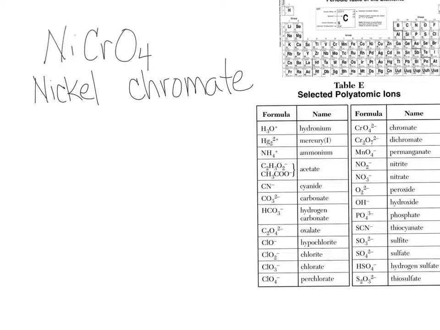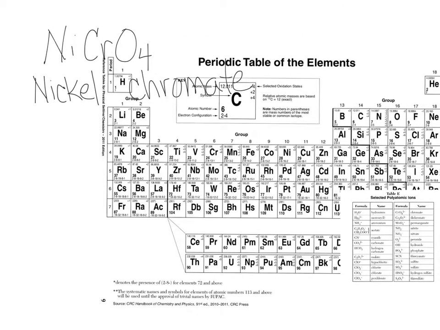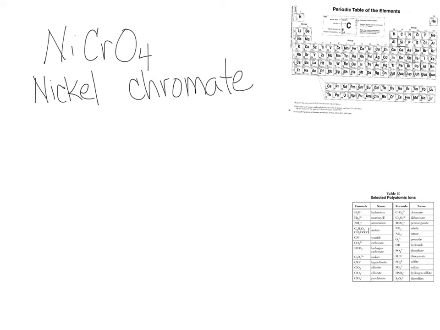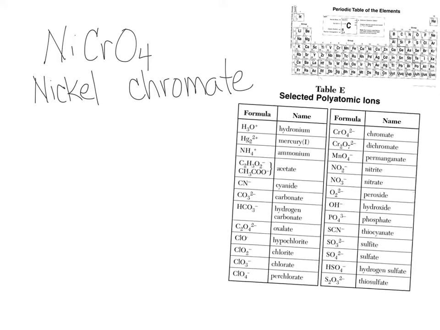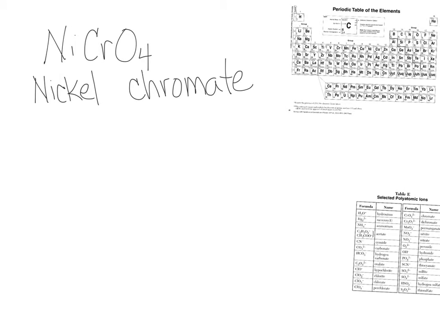So now we need to go back and check. Do we need to put in a Roman numeral for nickel? To find that out, we need to look up nickel in the periodic table, and if it has multiple positive oxidation numbers, then we do. Now this time it's going to be a little trickier because we have a polyatomic ion in here, but when we looked up the polyatomic ion's name, you would also see its charge, which is -2.